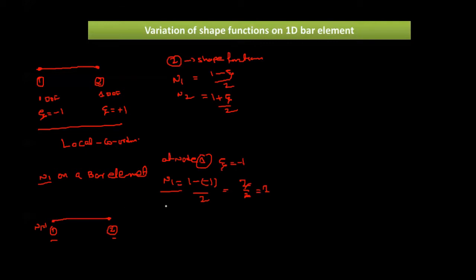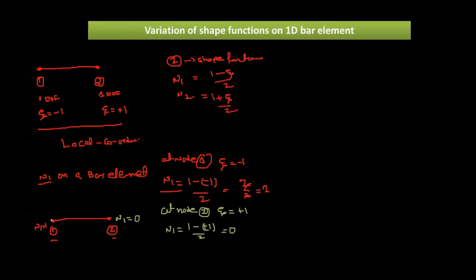Similarly, let us find the value of N1 at nodal point 2. At node 2, zeta is equal to plus 1. So N1 at node 2 is 1 minus plus 1, divided by 2, and this becomes 0.